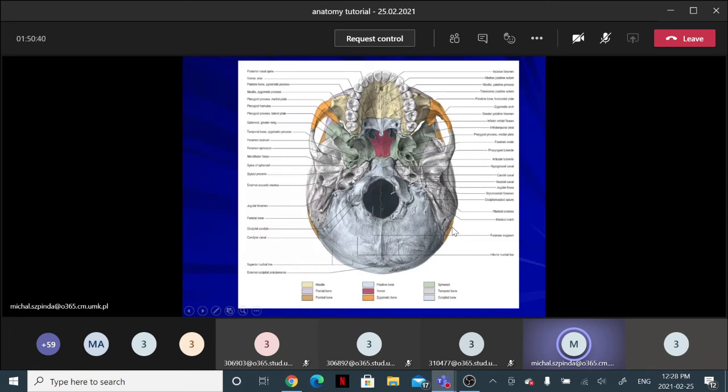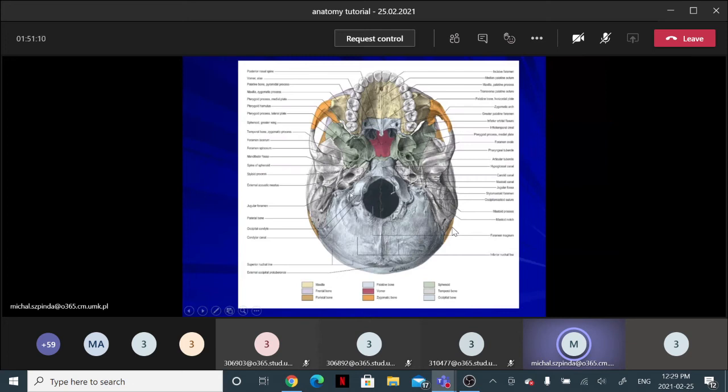Just behind and somewhat laterally to it is the jugular fossa. The jugular fossa is a big depression because of the superior bulb swelling of the internal jugular vein.